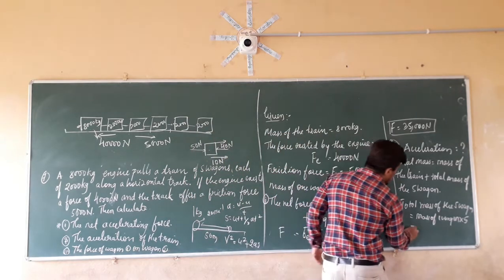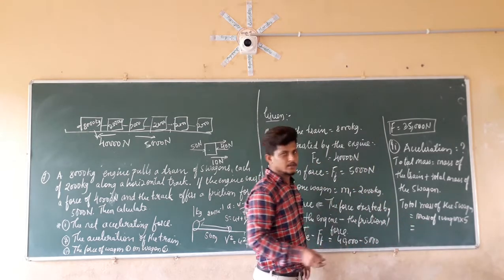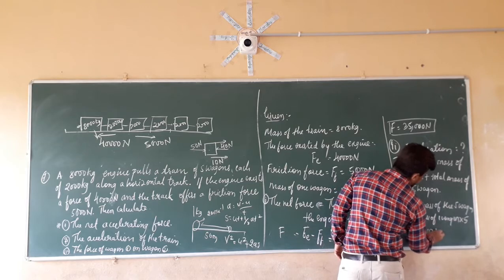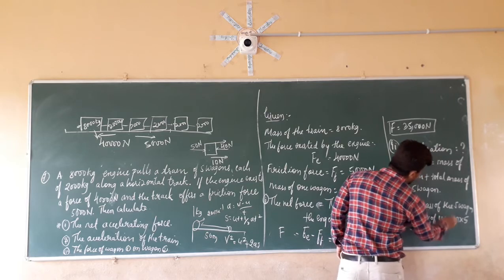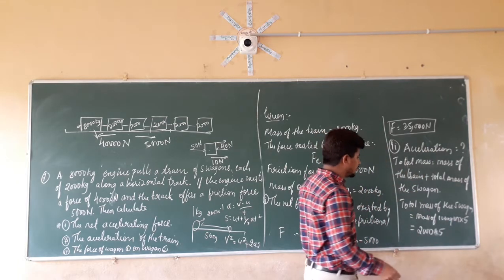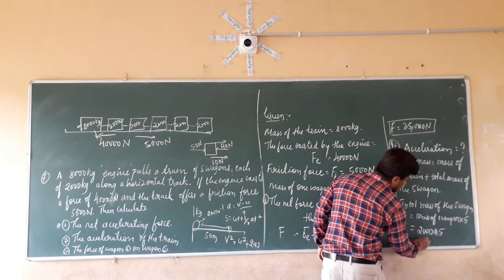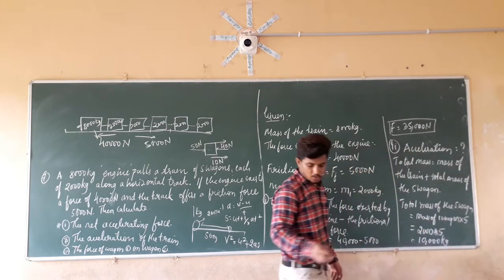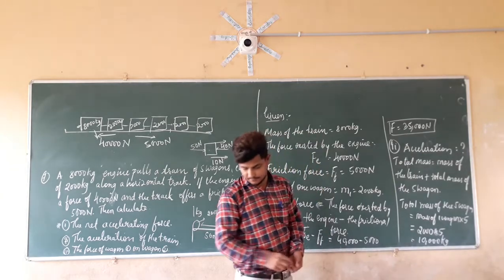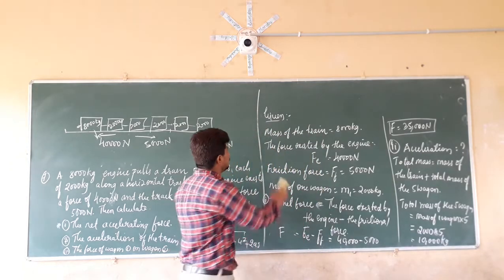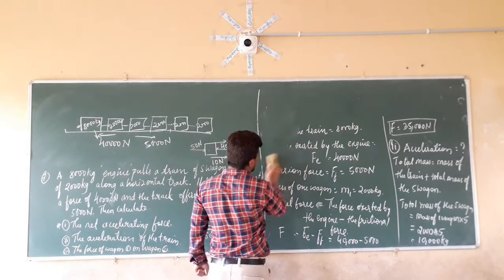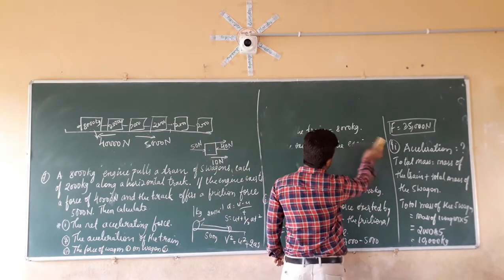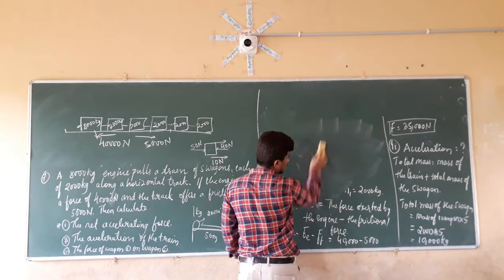So the mass of one vehicle which is given here is how much? 2000, into how many vehicles are there? 5. So 2000 into 5 is equal to how much? It is equal to 10,000 kg. Next, what we have to calculate is the total mass here.